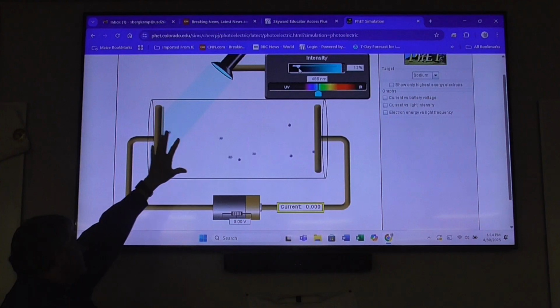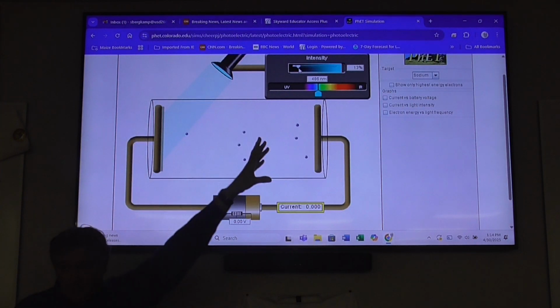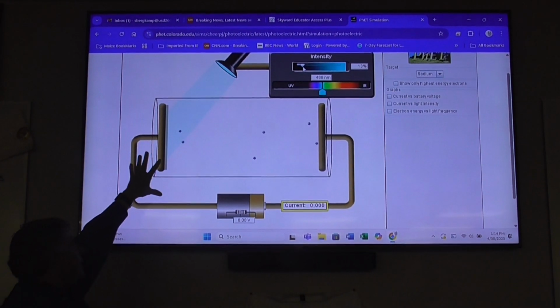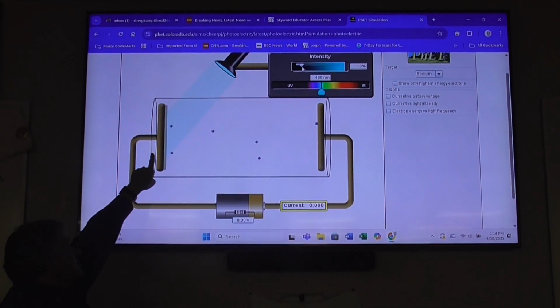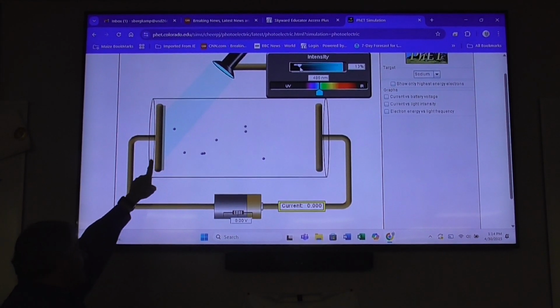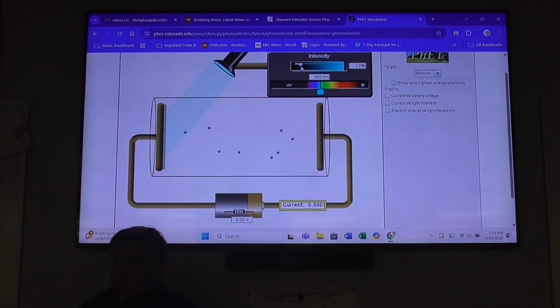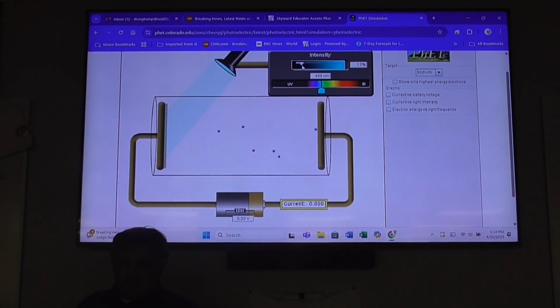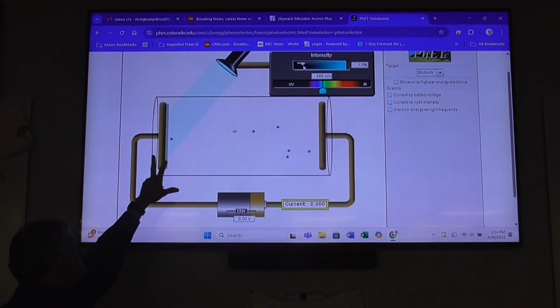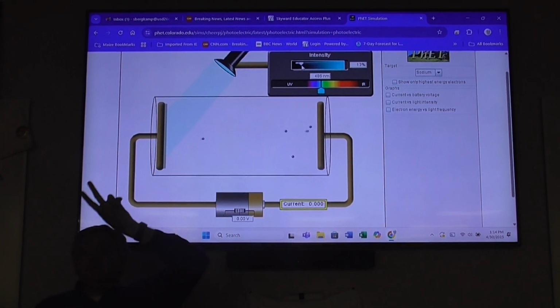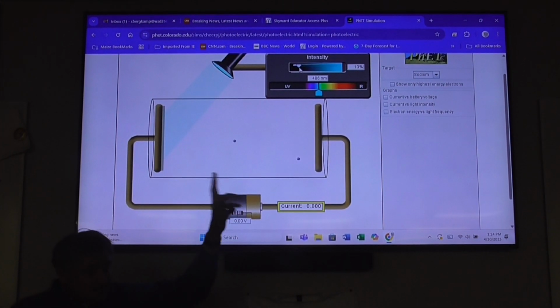So what's happening is that you have a metal over here. You're shining a light on it, and the light is going to have a certain amount of energy carried in the photons. The photons strike the metal. The metal has electrons.